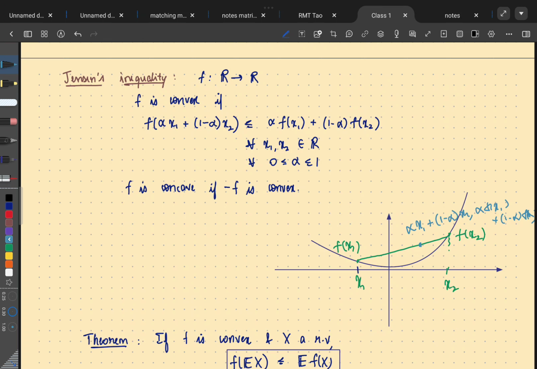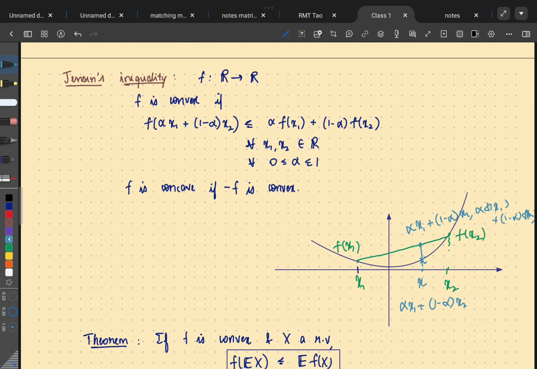And now I also have f of (alpha x1 plus (1 minus alpha) x2). So alpha x1 plus (1 minus alpha) x2 is going to be this particular point, and the value of f at this particular point x, which is equal to alpha x1 plus (1 minus alpha) x2, is the left hand side.